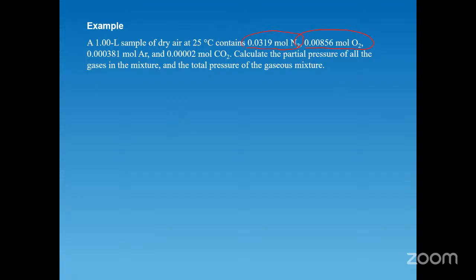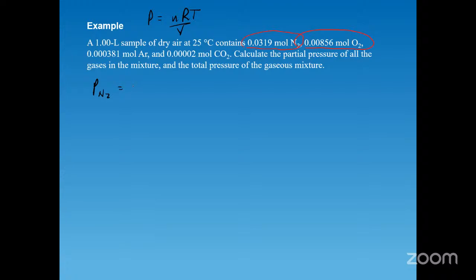So basically, we need to find the pressure of each gas. I'm going to start off with the nitrogen. So the pressure of nitrogen, by the way, the formula for calculating the pressure is the same for all of them: N RT over V, right? So I'm going to use this equation in each case, starting with the nitrogen.